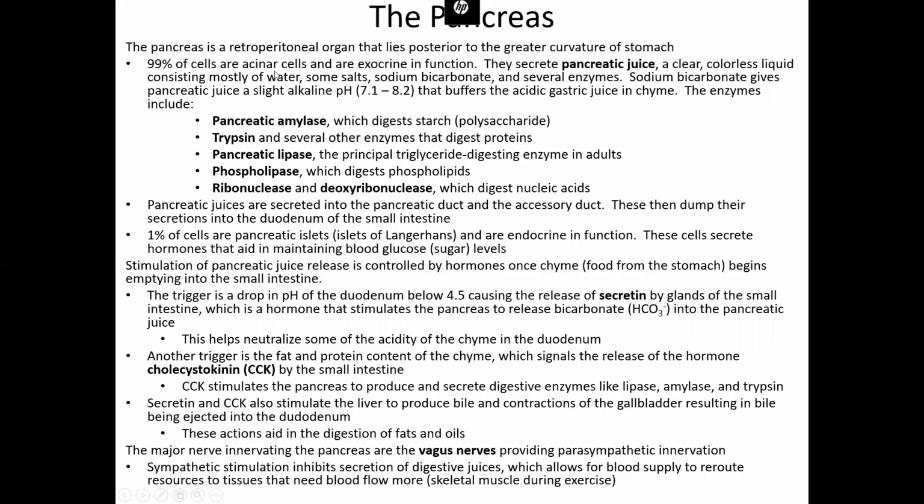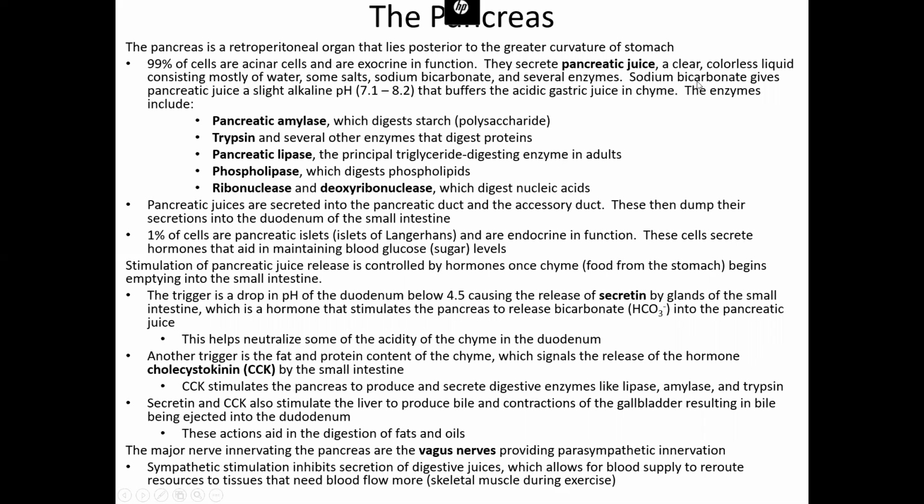We call these the acinar cells, and these are the ones that produce that pancreatic juice I was just mentioning, a clear colorless liquid, mostly made up of water, containing some salts, sodium bicarbonate, and several enzymes. The enzymes we'll talk about in just a second.